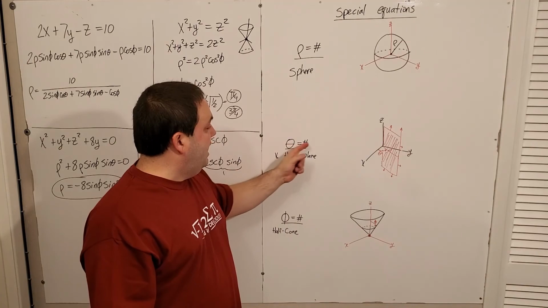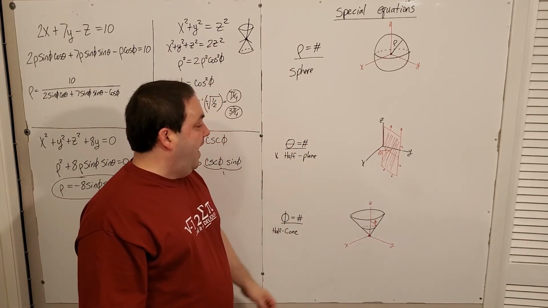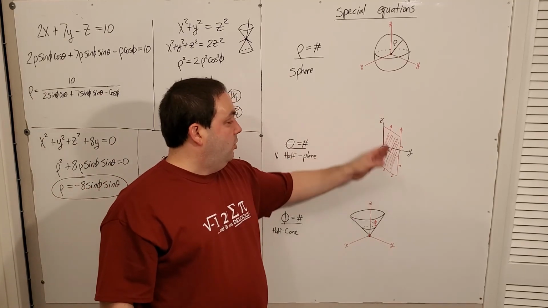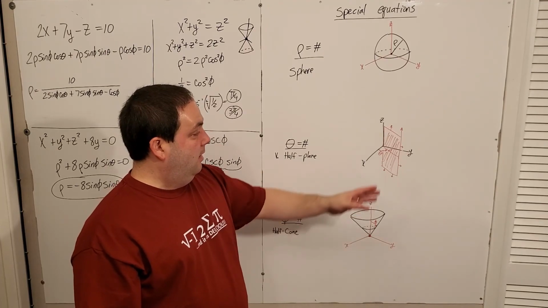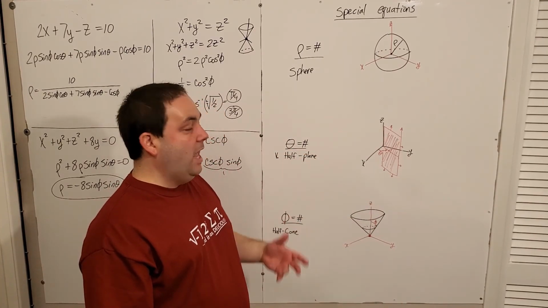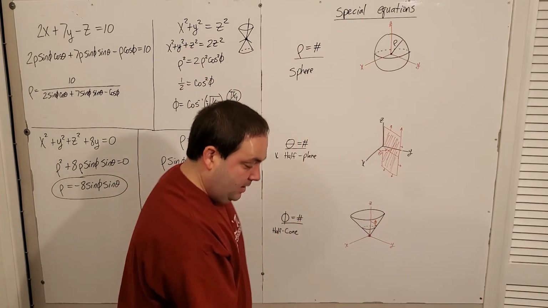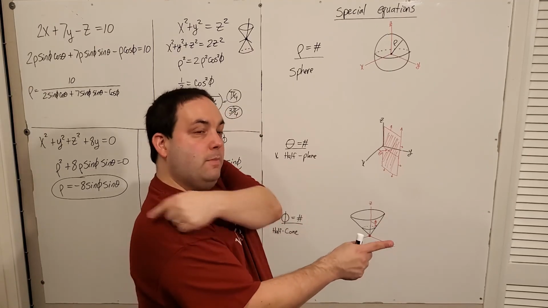If you have theta equals a number, the only difference between this and cylindrical is the fact that in spherical, my other coordinates are limited by phi, right? Phi is typically only allowed to be 0 to pi. So if I lock in a theta, I can't go behind me, right?